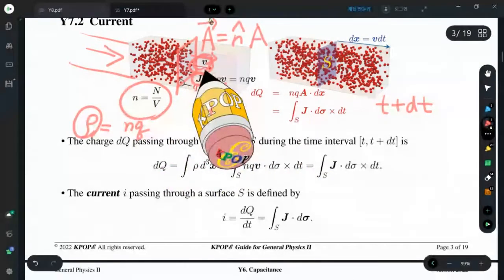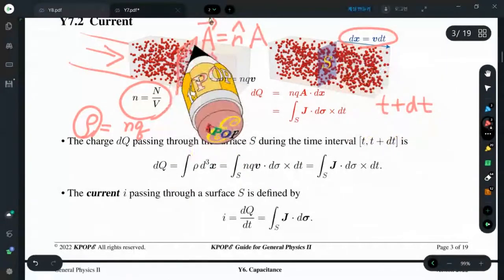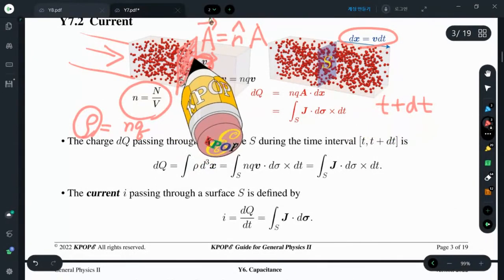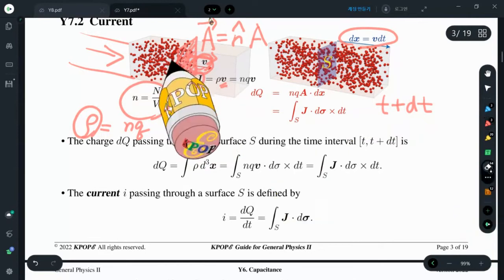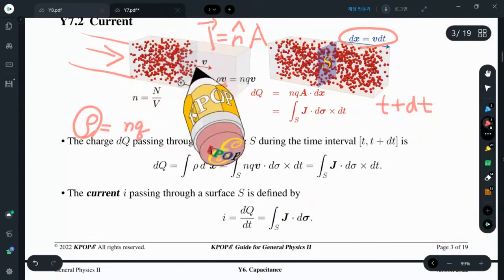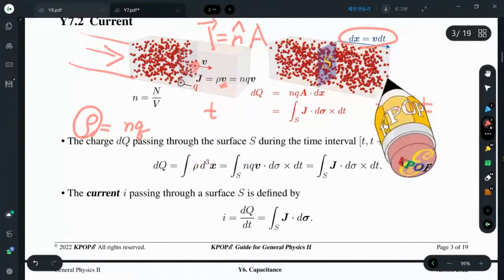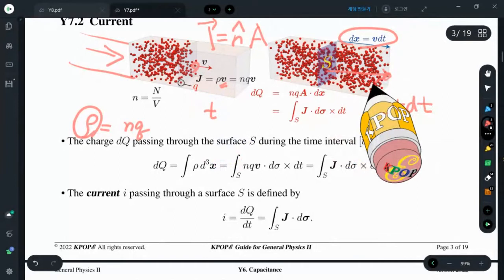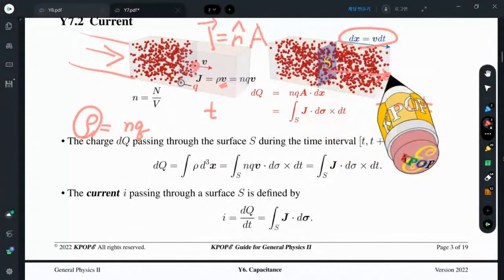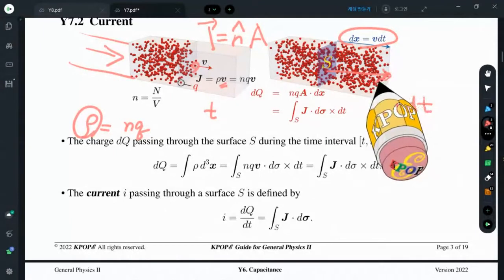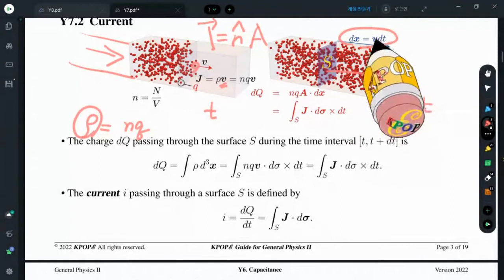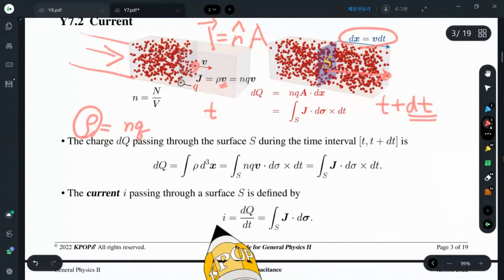Because every particle is moving with velocity v, this particle in front travels to reach this point. The distance of travel is v dt, and the displacement vector x must be v multiplied by the time difference dt.